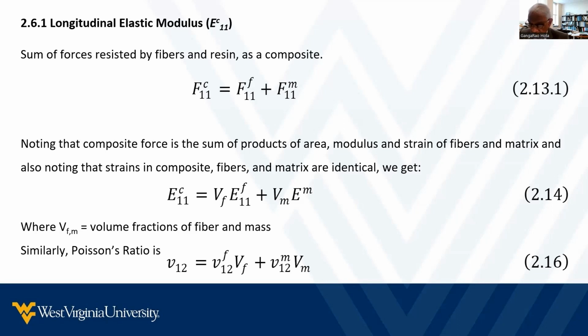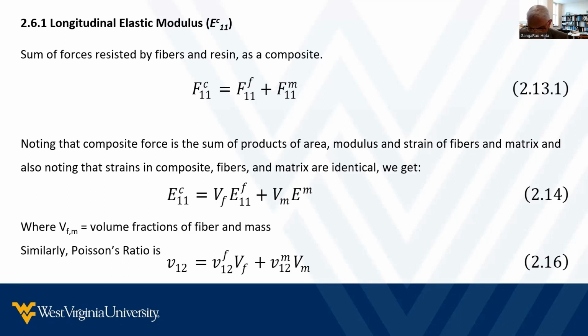That's the very top equation. Key to arriving at the following equation, that's 2.14, is to recognize that the strains in the composite, fibers and the matrix are identical. That is a kind of an assumption. And if you use that assumption, the strains are identical in all three phases, meaning the composite, fiber, and the resin, then you get equation 2.14.